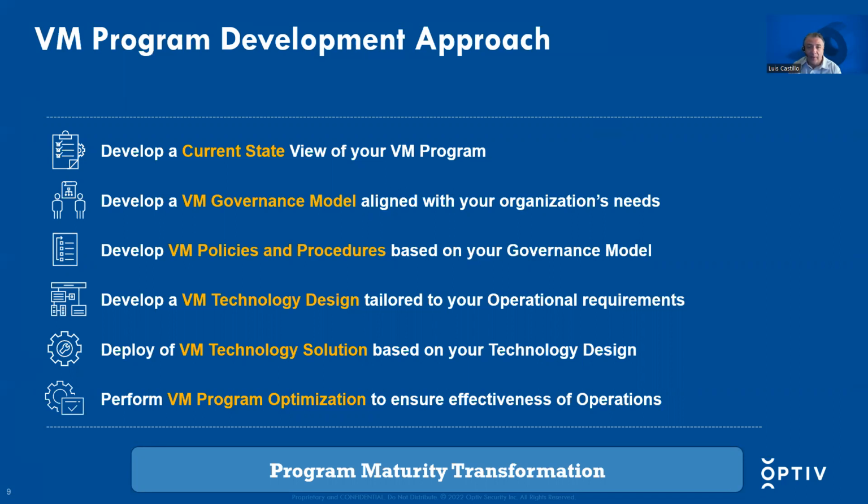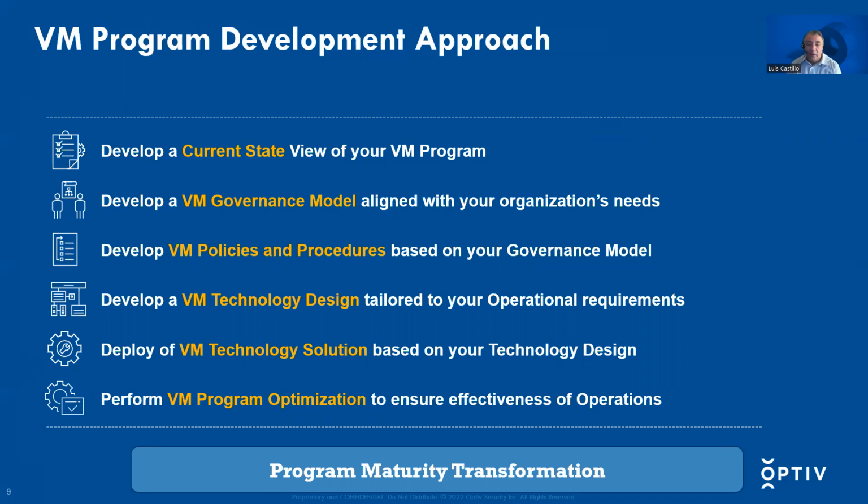They need to develop a current state view of their program. That is an unbiased review of those program components that we talked about in the previous slide, so that they can determine what they're doing now and then map what they want to do in the future, in that future ideal state, and then help identify those gaps in between to get from where they are to where they need to be.